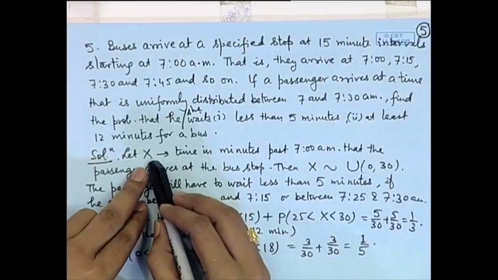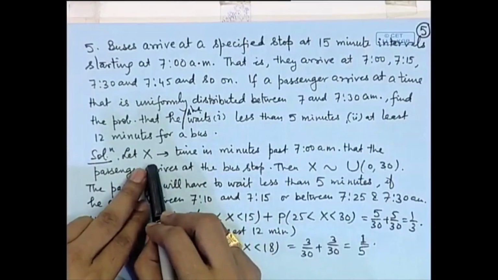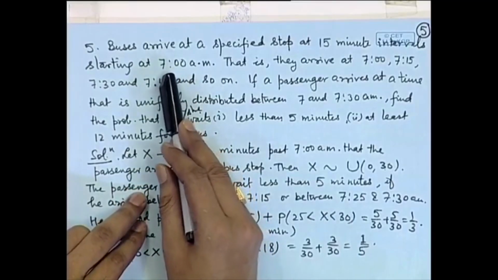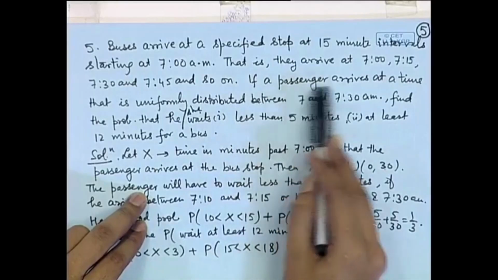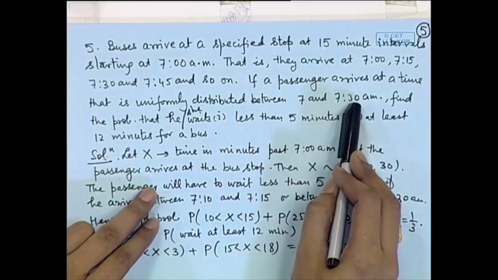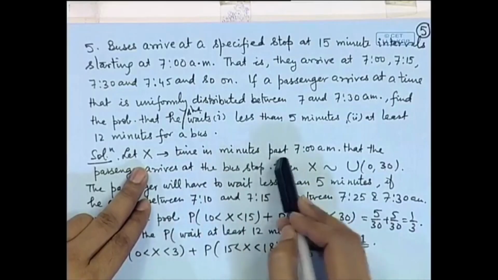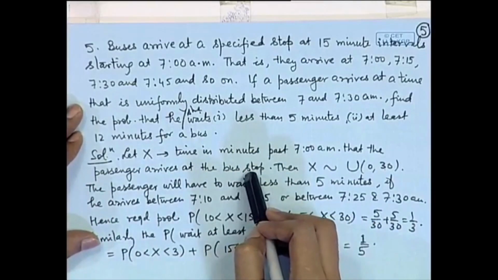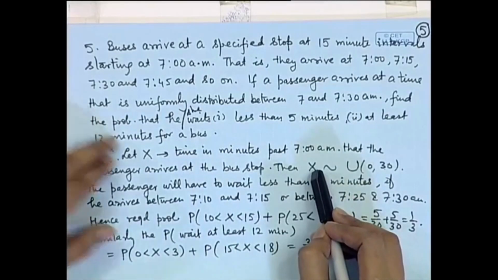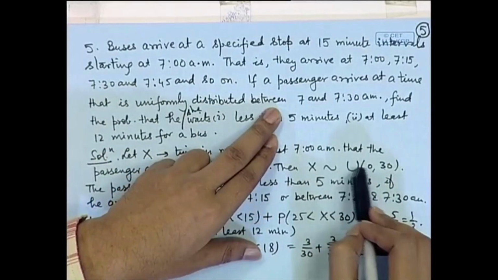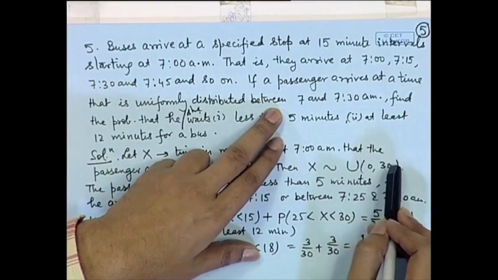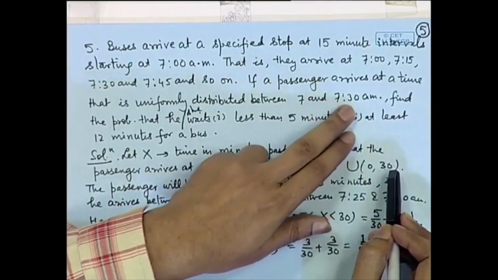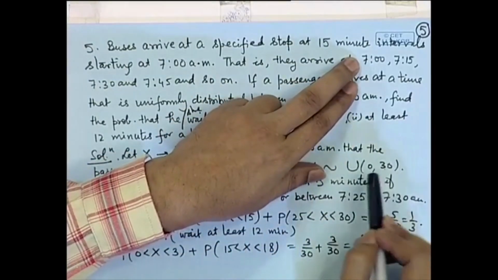So, let us consider the arrival time of the passenger. Since the time of the passenger is between 7 and 7:30 a.m., if I say x is the time in minutes past 7 a.m., that is the arrival time of the passenger at the bus stop, then under the given conditions x follows uniform 0 to 30, where the measurement is in minutes, because it is between 7 and 7:30, but we are considering the starting point as 0.